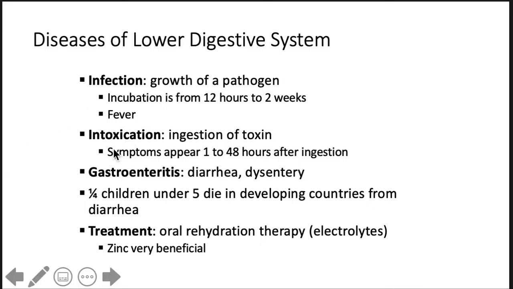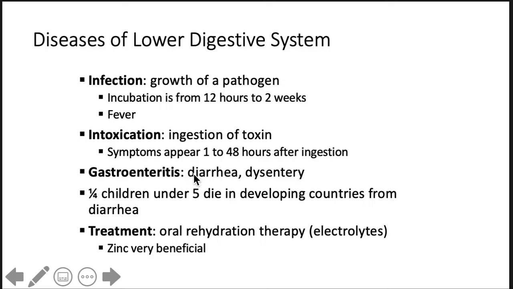Okay, so food poisoning is the term we use to refer to the toxin rather than an infection. Okay, gastroenteritis is a generic term, right? Itis, inflammation, irritation of any part of the gastrointestinal system. But typically you will have diarrhea and or vomiting.